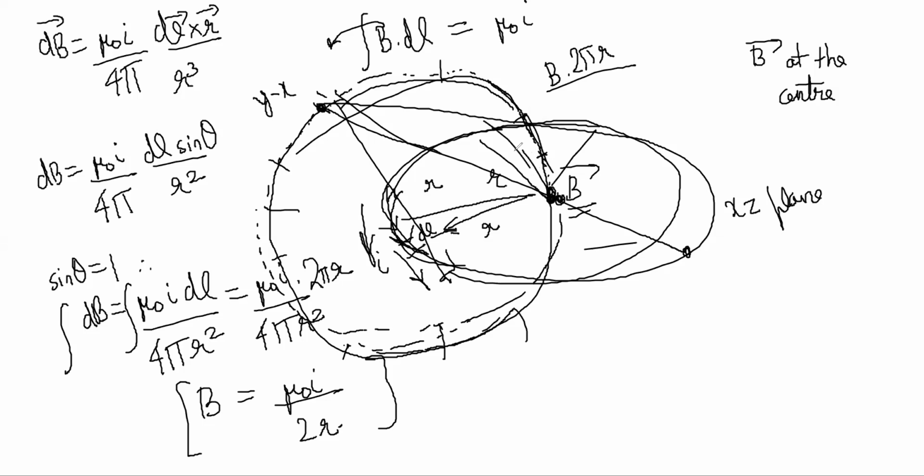So you cannot apply Ampere's law here. You cannot do this integral because B is non-uniform. So don't apply Ampere's law. Biot-Savart law itself is going to work. Ampere's law is not working because this integral cannot be evaluated.